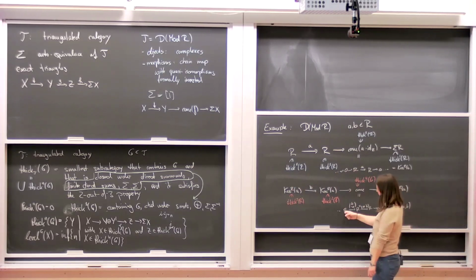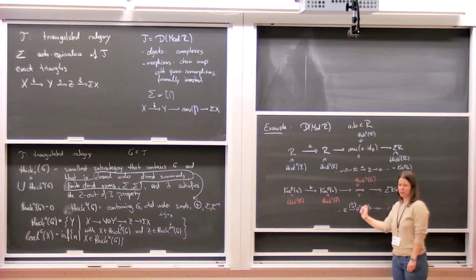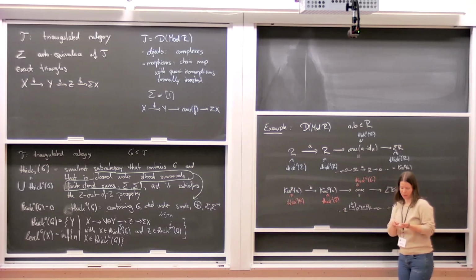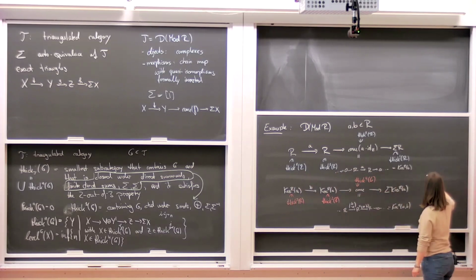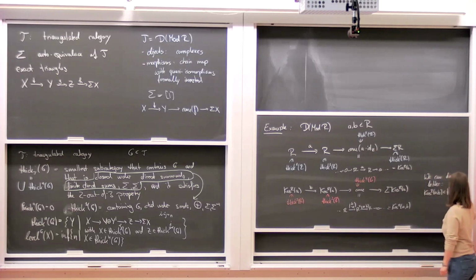So if you glue this together, it's like first you take R, then you glue the 2 copies of R to it, and then you glue R to it. We can actually do better. In general, the Koszul object on 2 variables is always in thick 3.